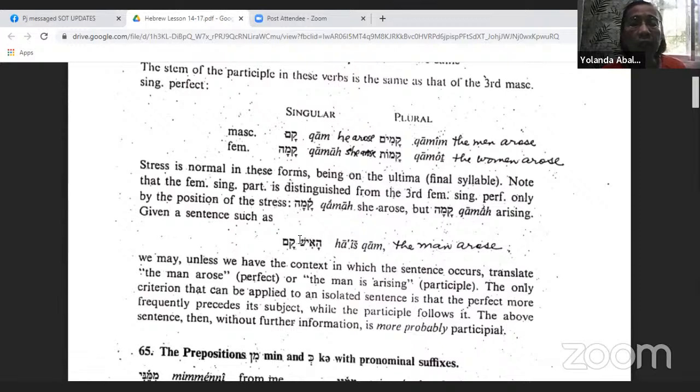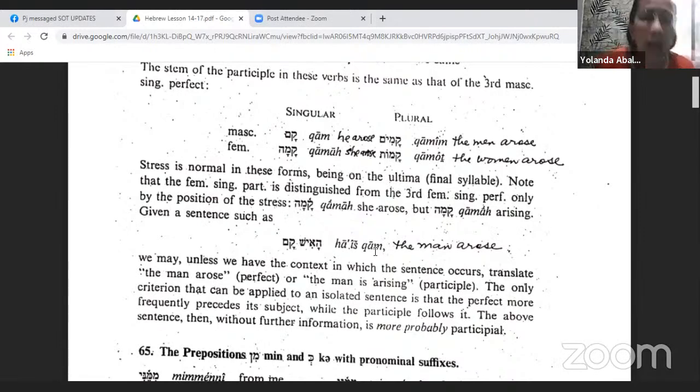Okay. Given in the sentence, meron tayong haish kom. Haish, meaning the man, kom means arose. So, the man arose.